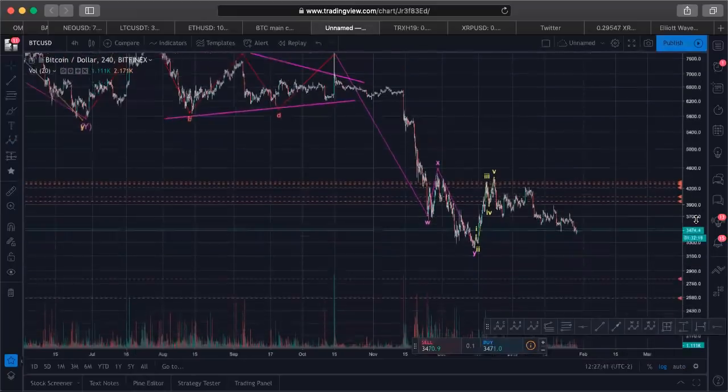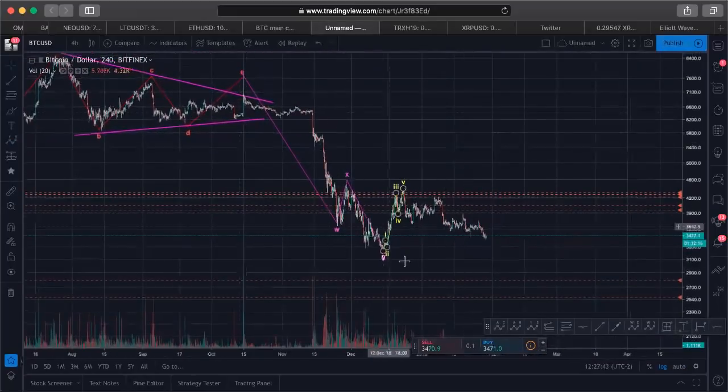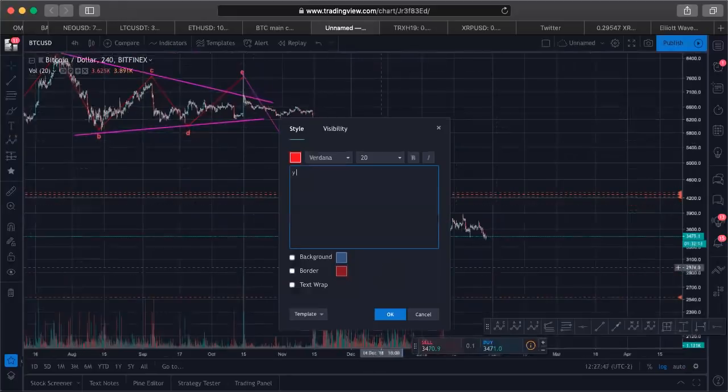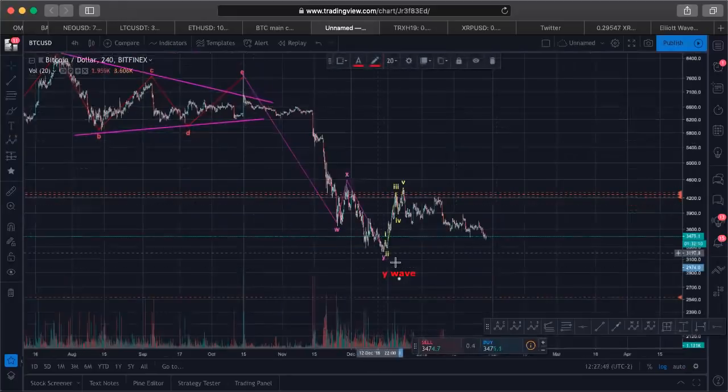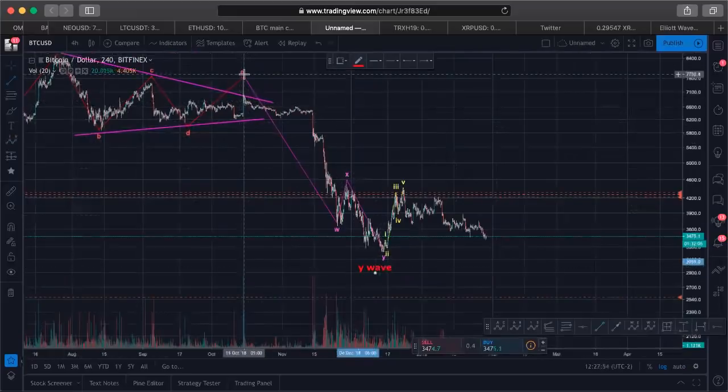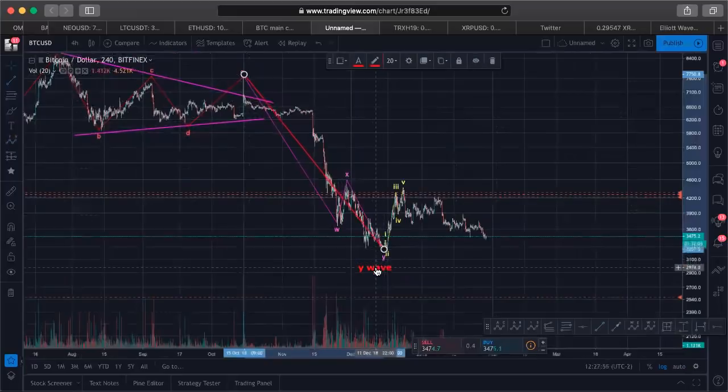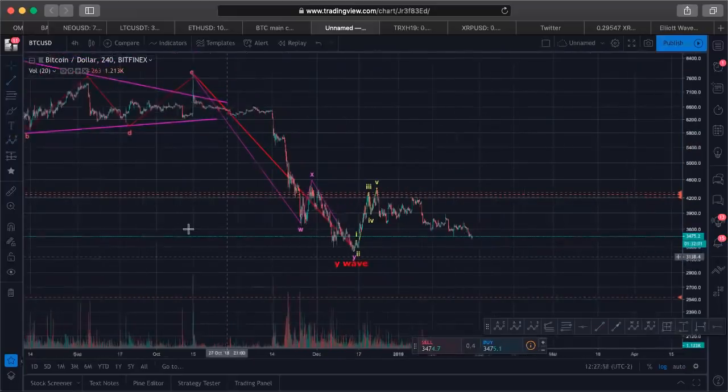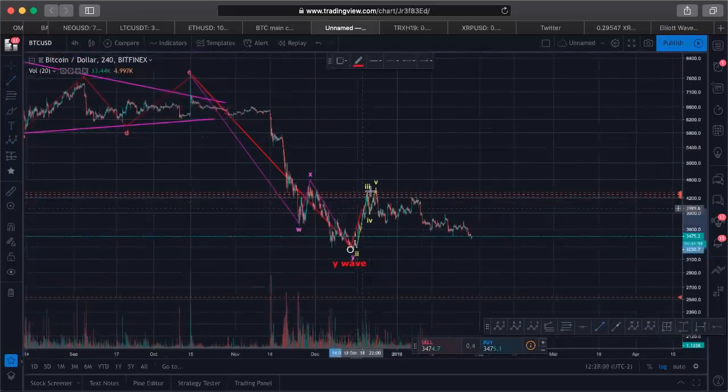Now as current, we zoom back out again. I'm going to go back to the 4 hour. So we've got our X wave, so this is our Y wave here, in red. And we've got our X wave here.